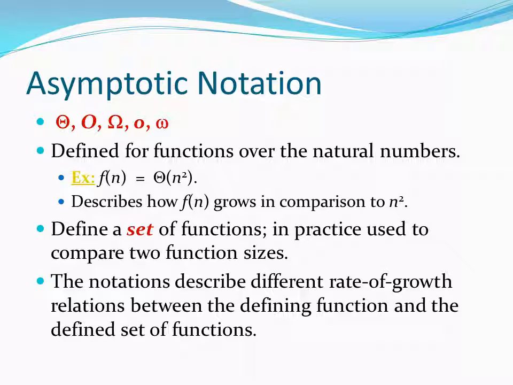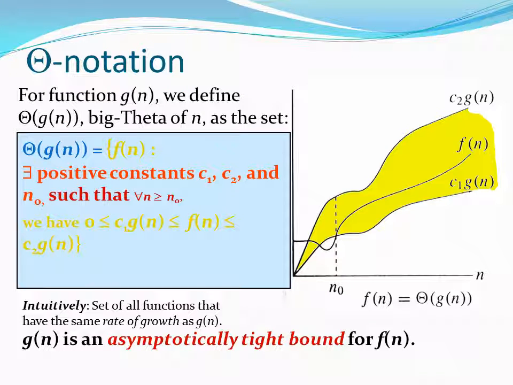Next, big O notation. Big O notation represents the upper bound of time complexity. Here we have the formula C1 g of n is less than or equal to f of n is less than or equal to C2 g of n. First we discuss the theta notation.